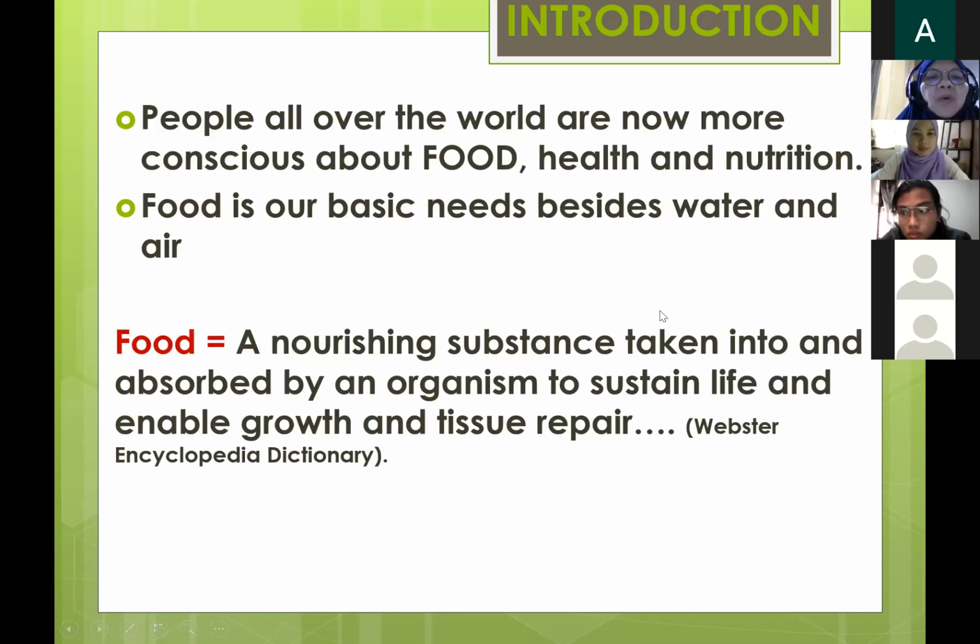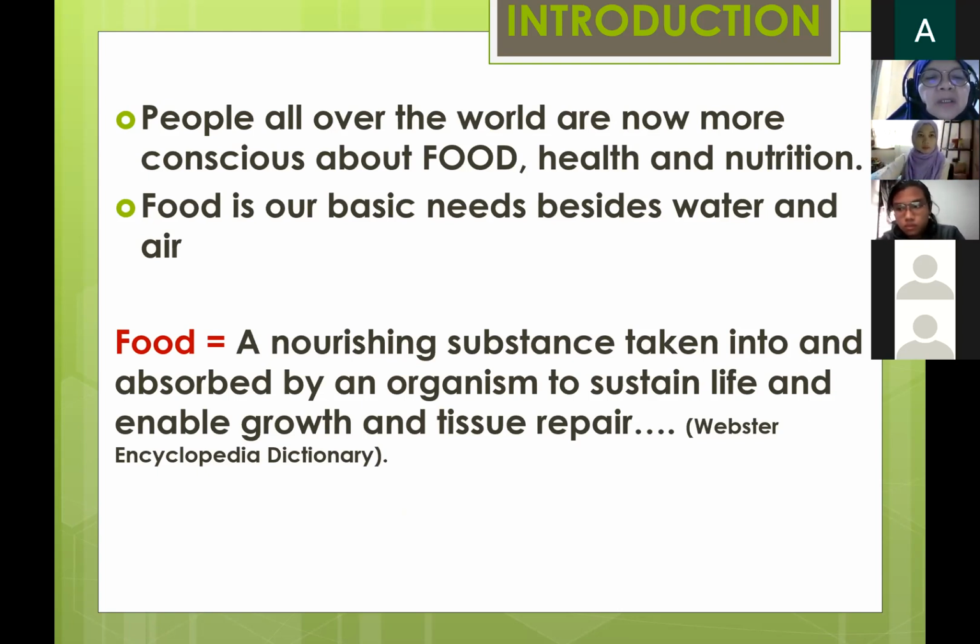We know that people all over the world are conscious about food, about health, about their nutrition. Why? Because food is the basic need. Besides water and air, food is very important for us because it is important to nourish ourselves.